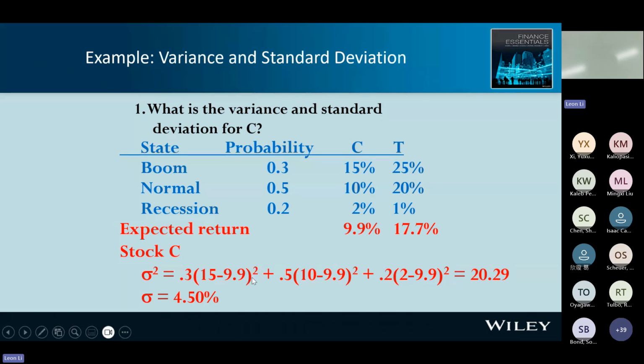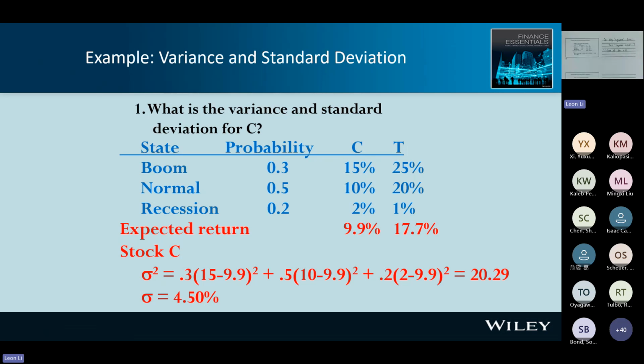And we square the deviation. So you can see the power of 2, right? Next, weighted average. We have the probability for each state. So weighted average, this is our result. This is the sigma square, variance. And sigma will be the square root of variance. The final result is 4.5%.